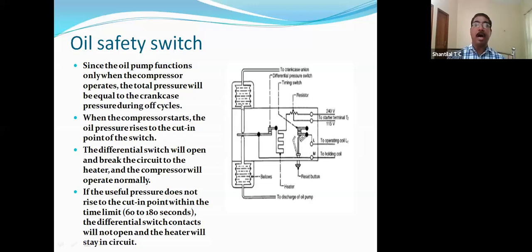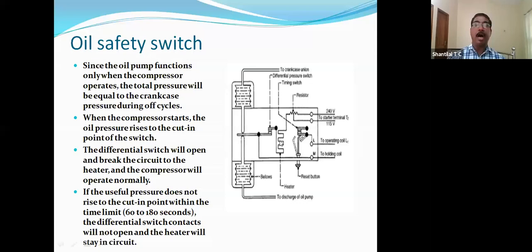By that, the differential switch will open and break the circuit to the heater, and the compressor will operate normally. That means when sufficient pressure is reached, the differential switch contact point opens. Before that, the supply is going to the heater and the heater heats.